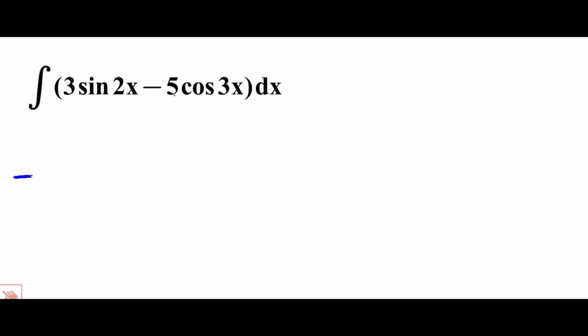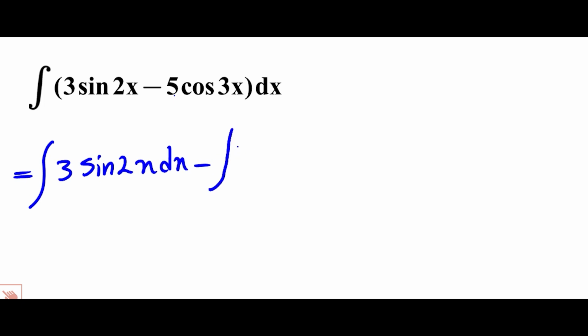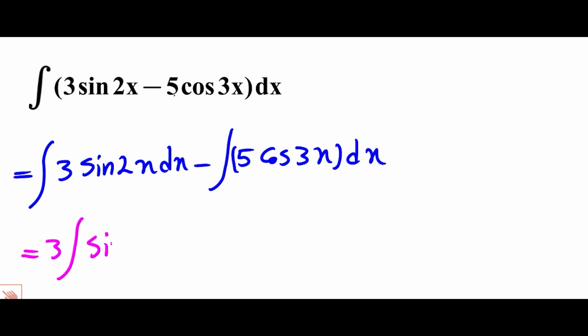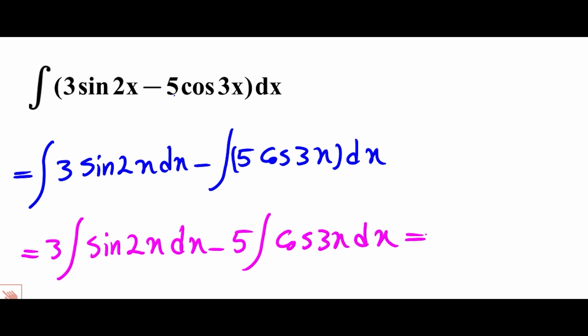So we have the integral of 3 sine of 2x dx minus the integral of 5 cosine of 3x dx equals 3 times the integral of sine of 2x dx minus 5 times the integral of cosine of 3x dx, right?